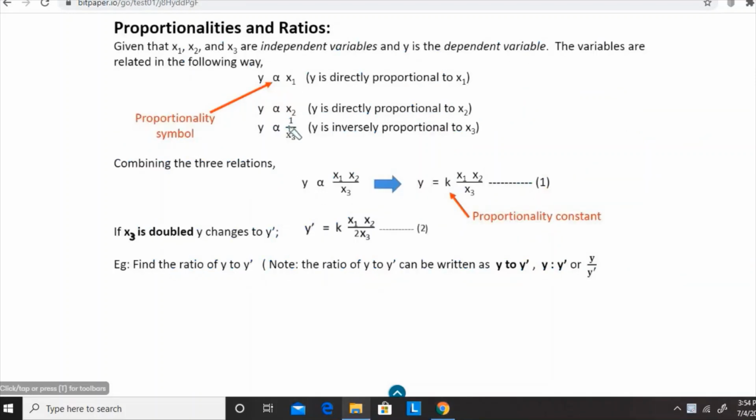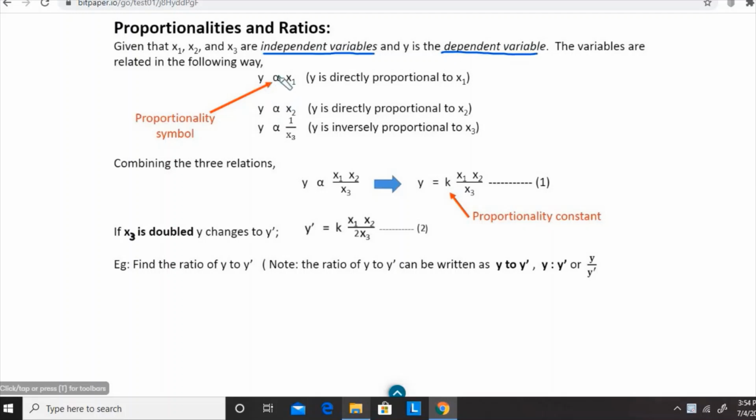In this section, we are going to talk about proportionalities and ratios. Proportionalities are important when we talk about relations. So there are 3 relations given here. Each one of these will have something called an independent variable and a dependent variable.